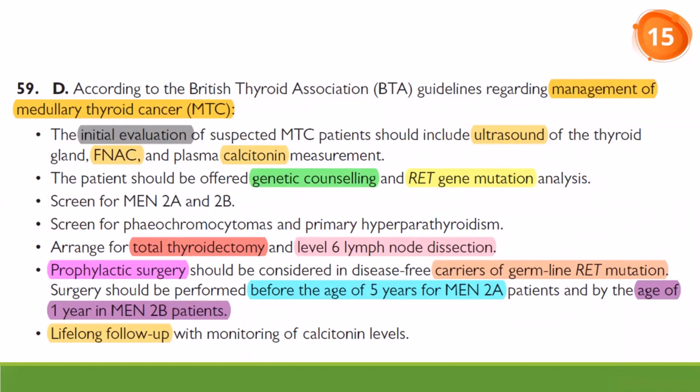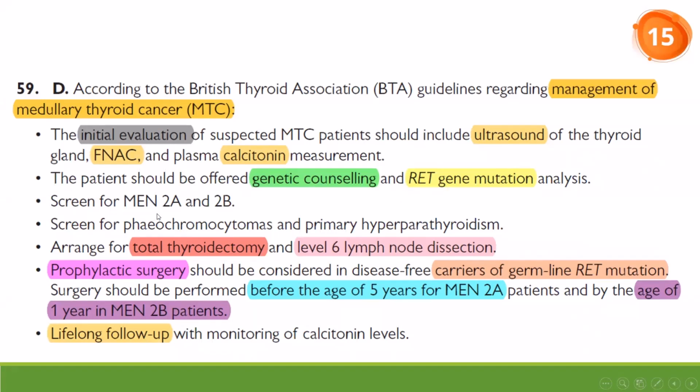This is a summary from the British Thyroid Association guideline for management of medullary thyroid carcinoma. Initial evaluation by sonography, fine needle aspiration cytology, calcitonin, and we should go to genetic counseling and RET gene mutation.